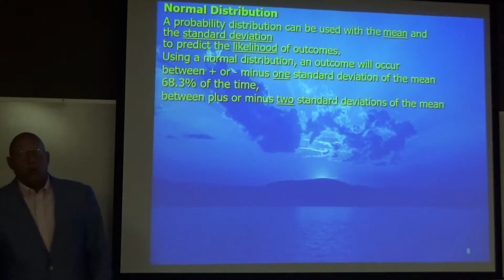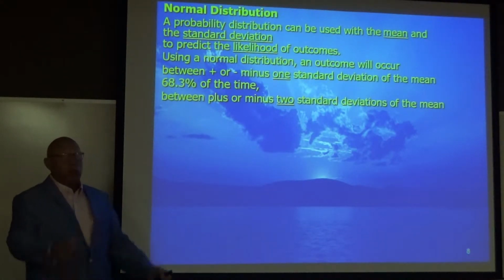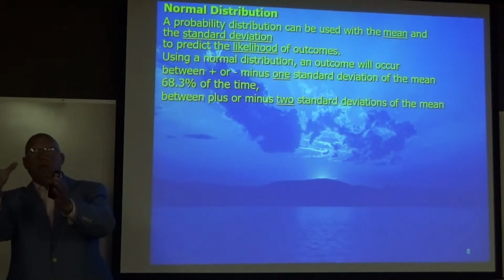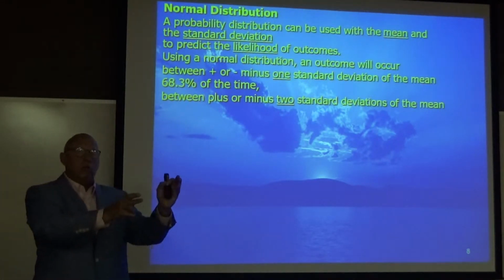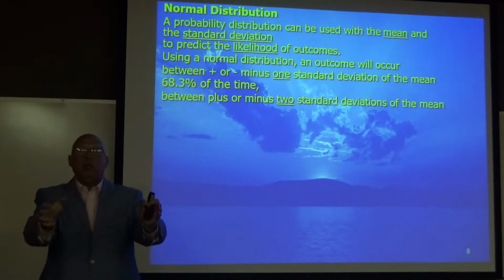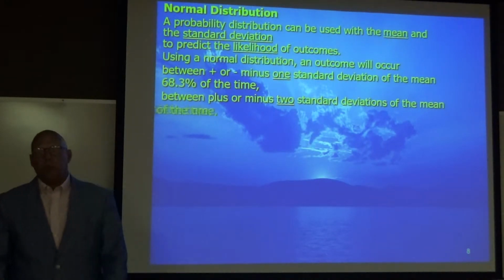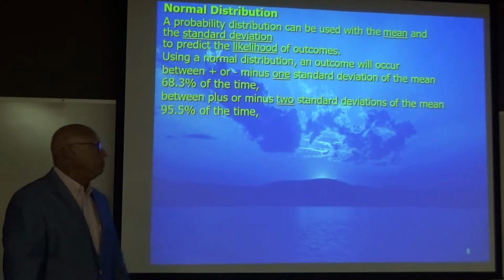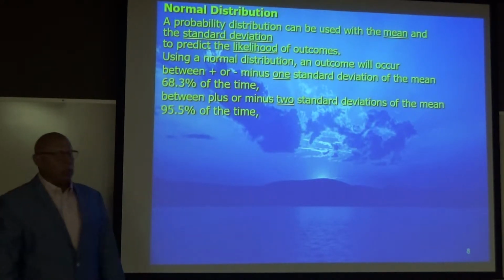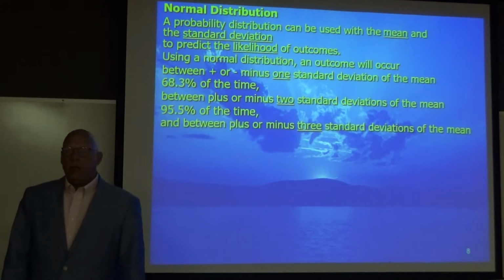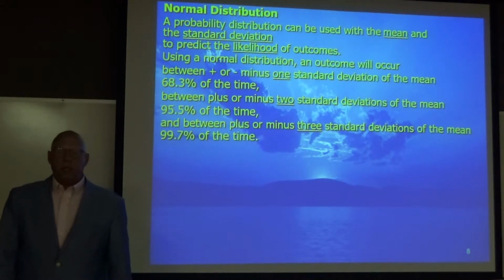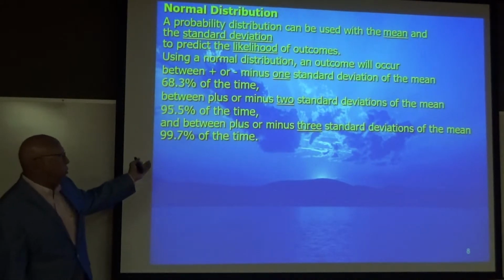Now as you add two standard deviations above the mean and two standard deviations below the mean, the likelihood of your outcome falling in that range goes up to 95%. So 68%, 95%, and plus or minus three standard deviations, just about 100%.